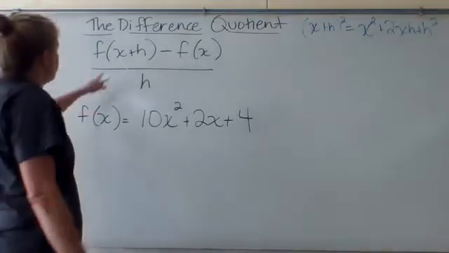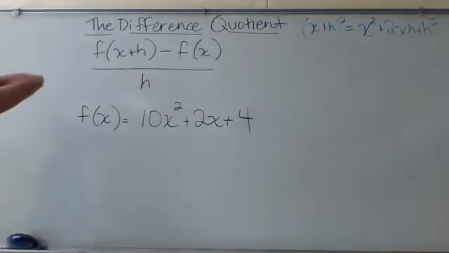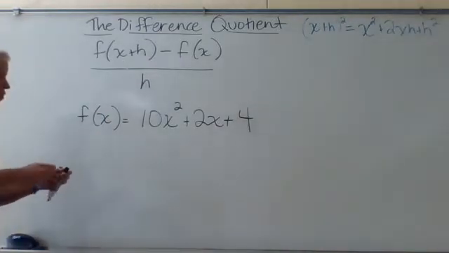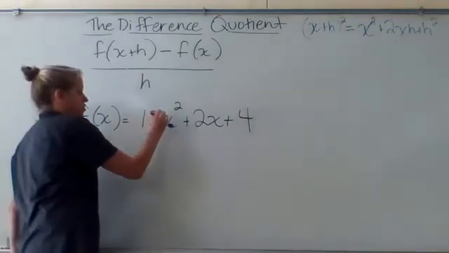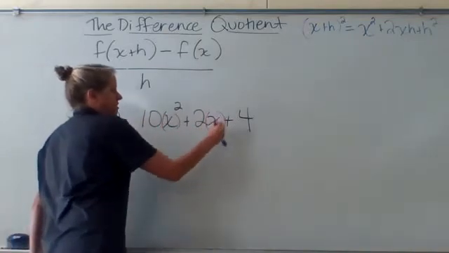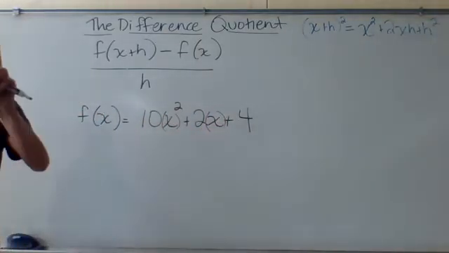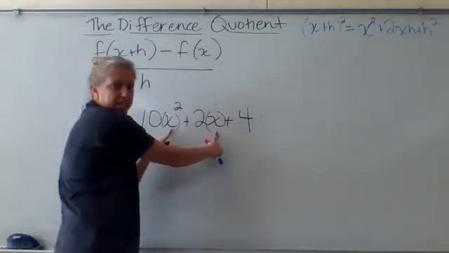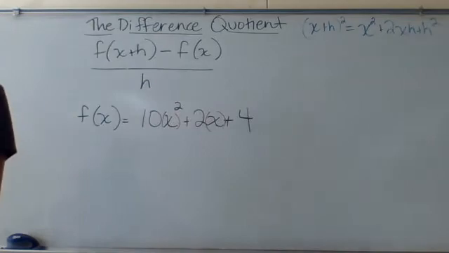So I started off by finding f of x plus h, which means go to your function. Wherever you see x, you're going to replace it with x plus h. So I see it in 2 spots. So I'm going to rewrite this, replacing both of these x's with x plus h's. So let's see what that gives me.